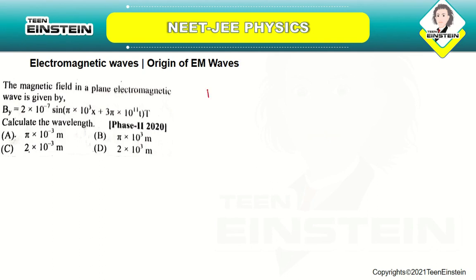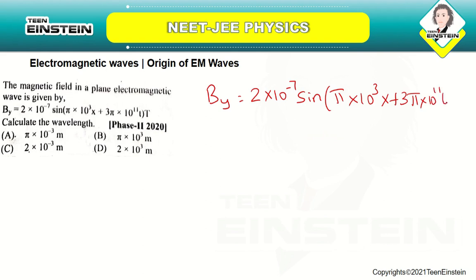So here they have given the equation as By = 2 × 10^-7 sin(π × 10^3 x + 3π × 10^11 t). This is the general form of the magnetic field in a plane electromagnetic wave.